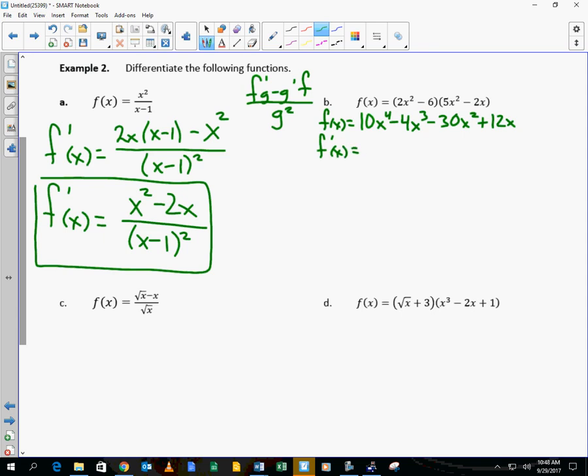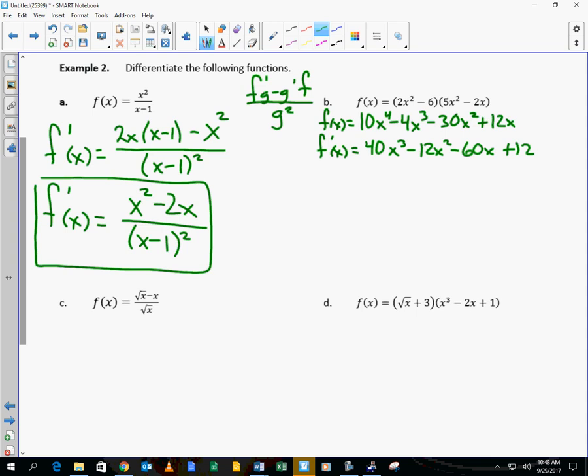And what do we get? 12x squared. Okay. So that's one way to take the derivative.